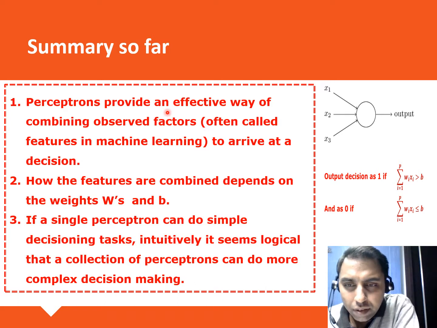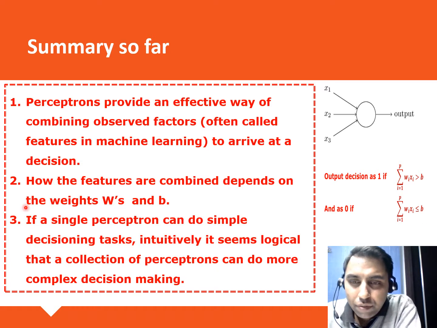If there are a lot of factors influencing the decision, perceptrons can combine them to help arrive at a decision. How the features are combined and how the decisioning model actually works depends on the choice of weights W and B.